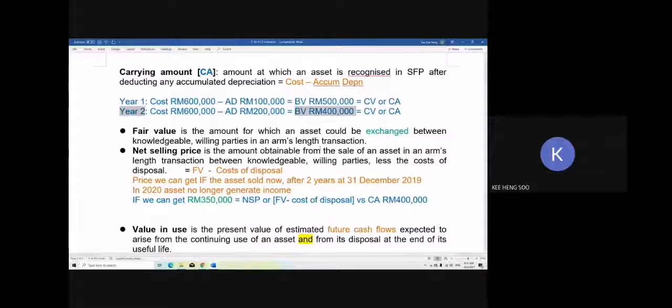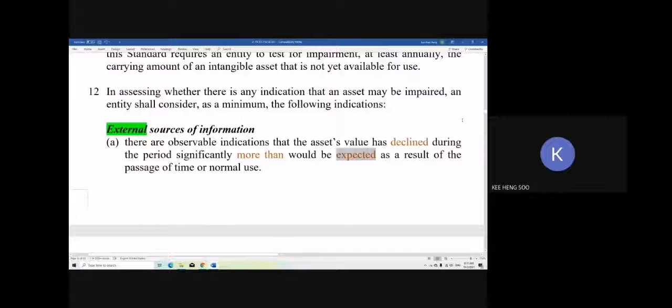So in this case, I have to decide my fair value, or so-called net selling price. Once I decided, if I want to sell now, can you see that? Your market price dropped to 350. It's more than your expected 400. Understand? The decline is very significantly more than expected.